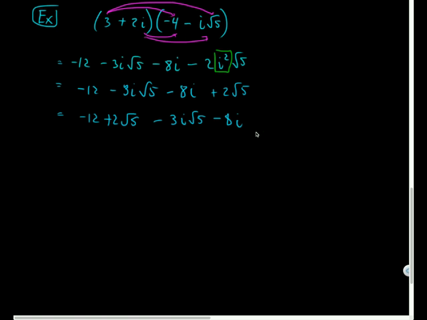Now, if I really wanted to write it in the form a plus bi, this rectangular form, I could technically write these two in terms of some number times i, and the way I could do that is by factoring out an i. So I'd have negative 12 plus 2 roots of 5 minus, let me factor out a negative i just to make things a little bit easier, since both of these are negative.